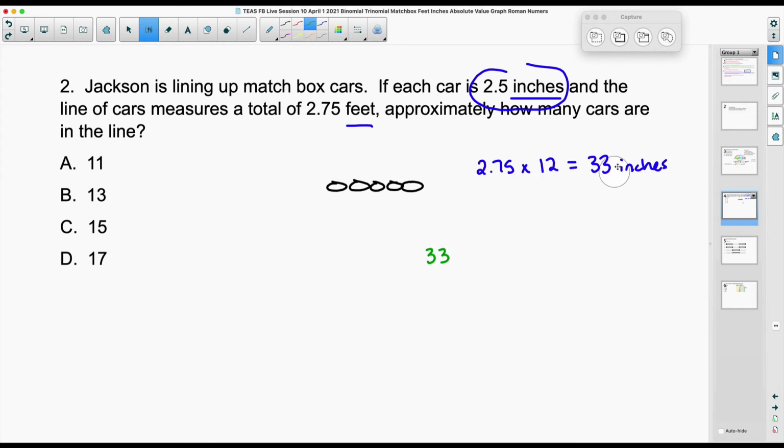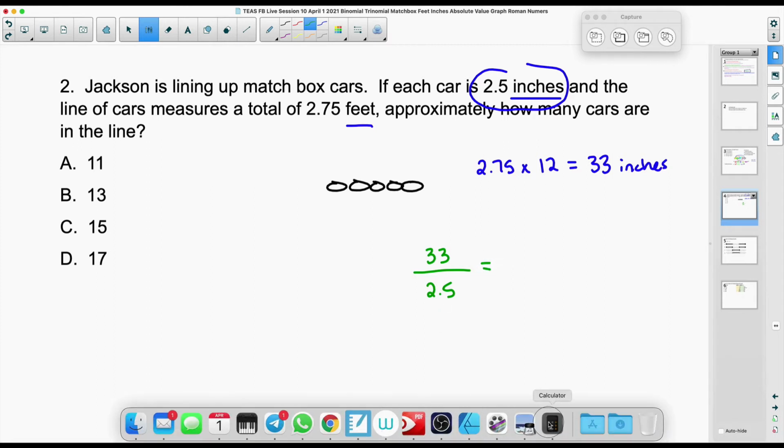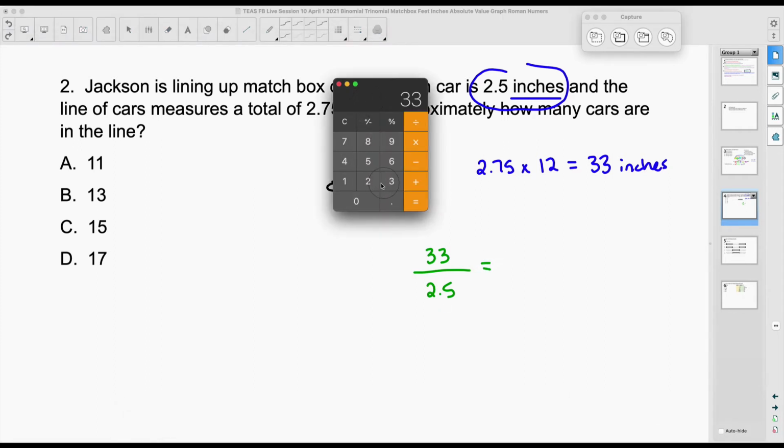Take the 33 total inches and divide it up into how long one car is, 2.5. And if we do that, it says approximately, so this is an indicator that we're probably going to round. Take my 33, that's the total length of the Matchbox cars lined up, and we're going to break it up into how long each Matchbox car is. So divide by 2.5, and we get right around 13.